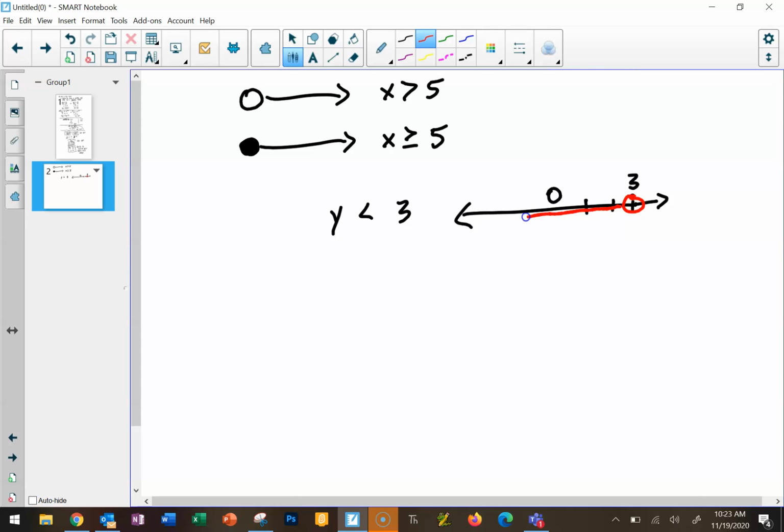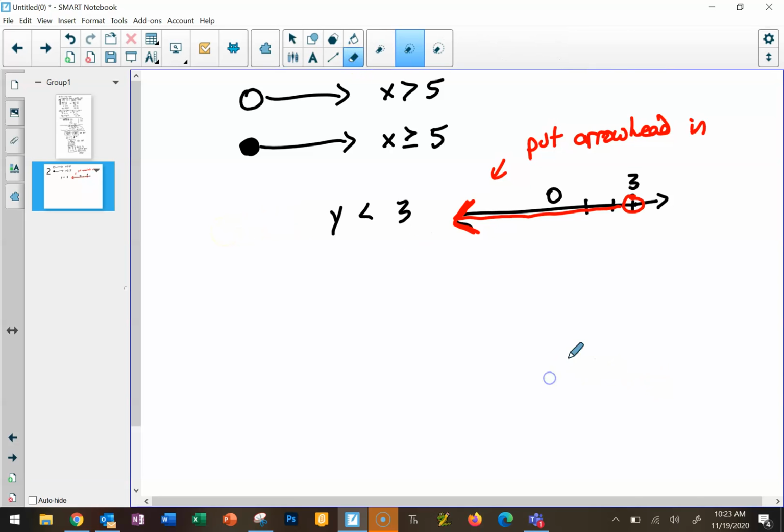And because it's less than, we have to go this way. And be careful because you need to put the arrow in, or arrowhead. Okay, very important to do that because it represents every number that is less than 3. So that basically goes down into infinity. If you don't put the arrow in, you're not indicating infinity.